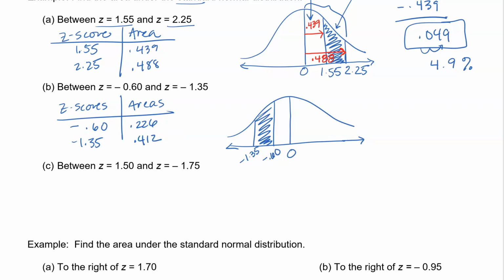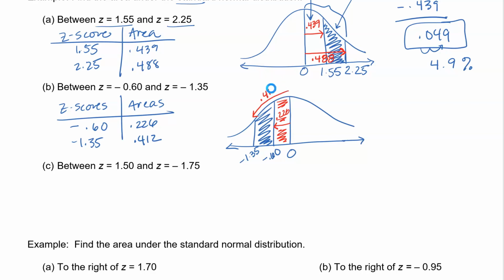I'm going to draw those on the picture. Starting from 0 going to negative 0.6 is going to be 0.226, so all of this is 0.226. And then starting from 0 going to negative 1.35, this whole region is 0.412.